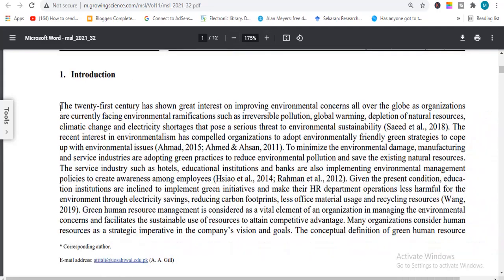As you can see, they are starting: the 21st century has shown great interest in improving environmental concerns all over the globe, as organizations are currently facing environmental ramifications such as irreversible pollution, global warming, depletion of natural resources, climate change, and electricity shortages that pose a serious threat to environmental sustainability. Then there is the in-text citation, and this sentence is complete.